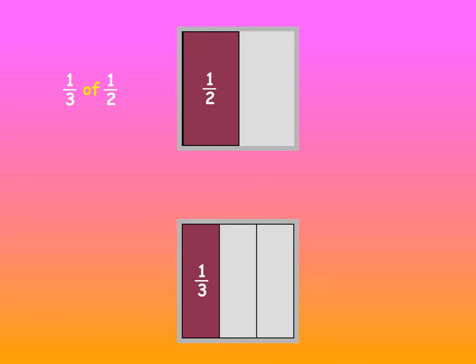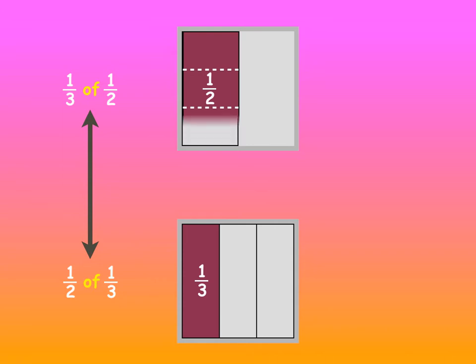Let's do some comparing. Up above, we're going to do 1/3 of 1/2, and down below, we'll do 1/2 of 1/3. And then we'll compare the results. Okay, up above, we've got our half. It's already cut into 3 sections. And there's 1/3 of 1/2.